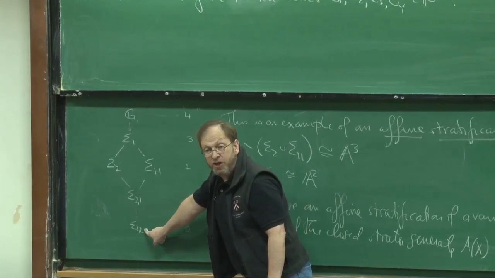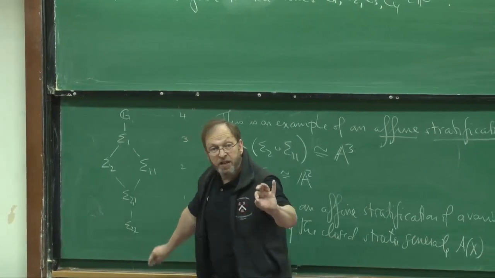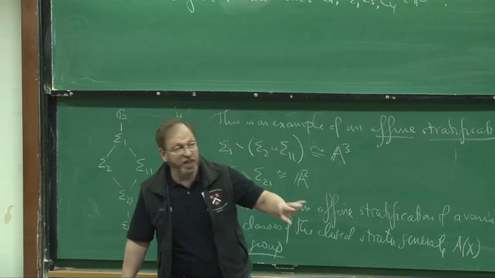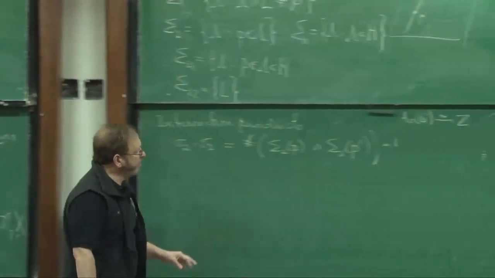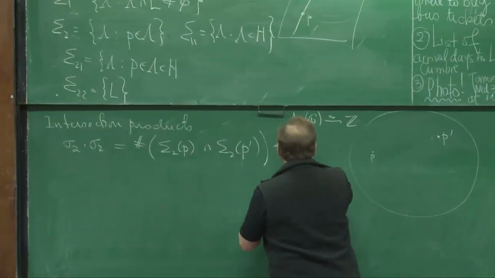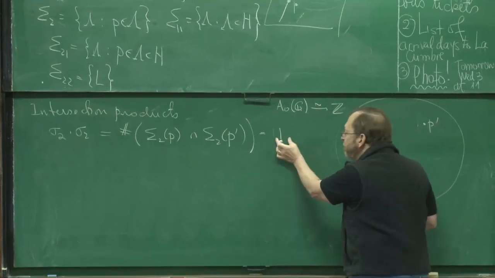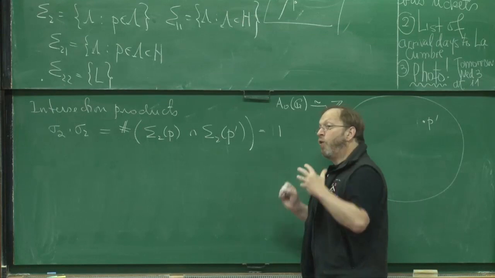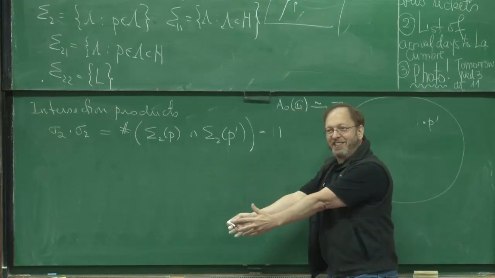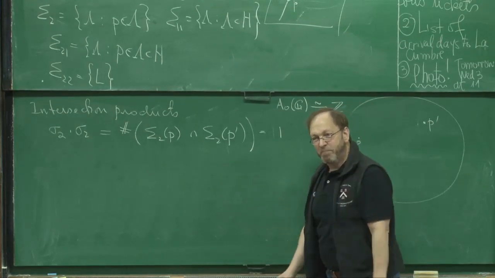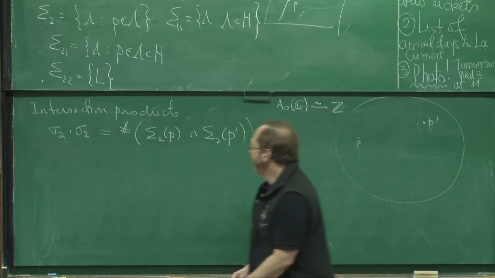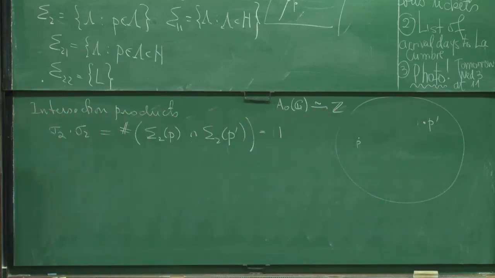That tells me that the Chow group in dimension 0 is just Z. It's freely generated by the class of a point. So when I write 1 here, I'm implicitly invoking this isomorphism. This is really 1 times the class of a point. But that gets burdensome quickly. So we're just going to write numbers on the right-hand side.